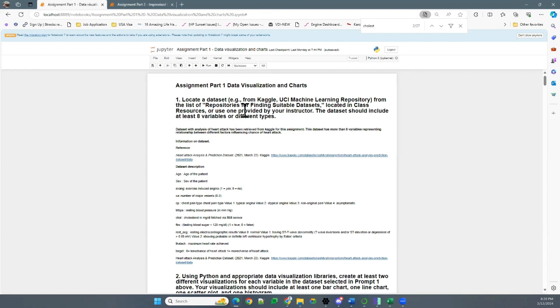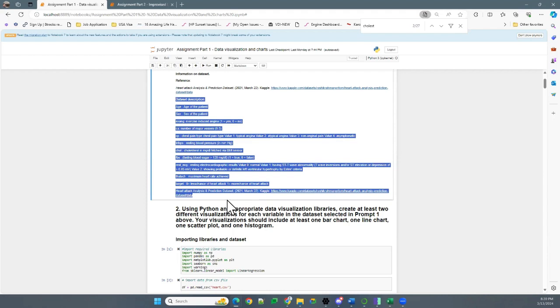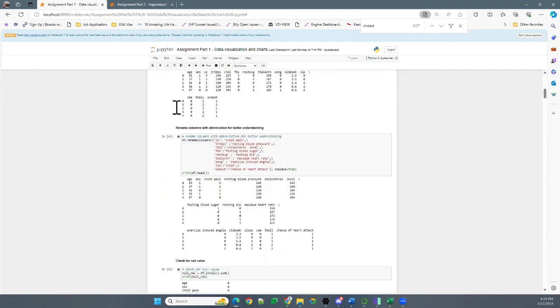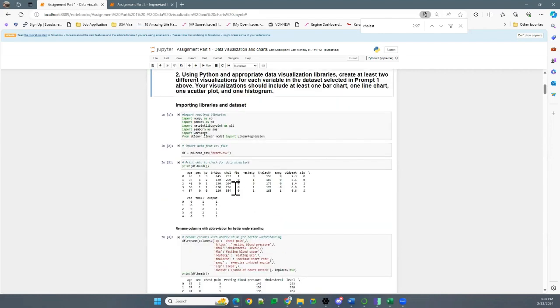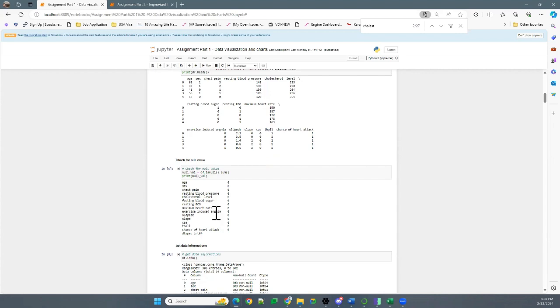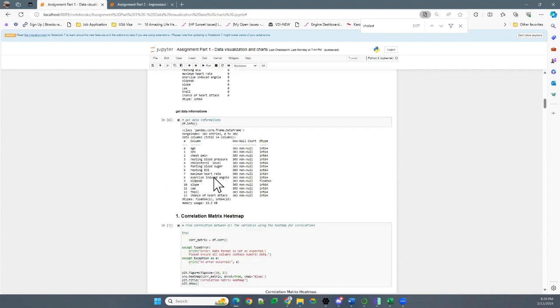As I mentioned earlier, I have described the dataset that I imported. Here's the dataset description that might be helpful in understanding it. After that, I imported the data, updated its column names for better understanding, checked for any null values, and got the data information to work on it.